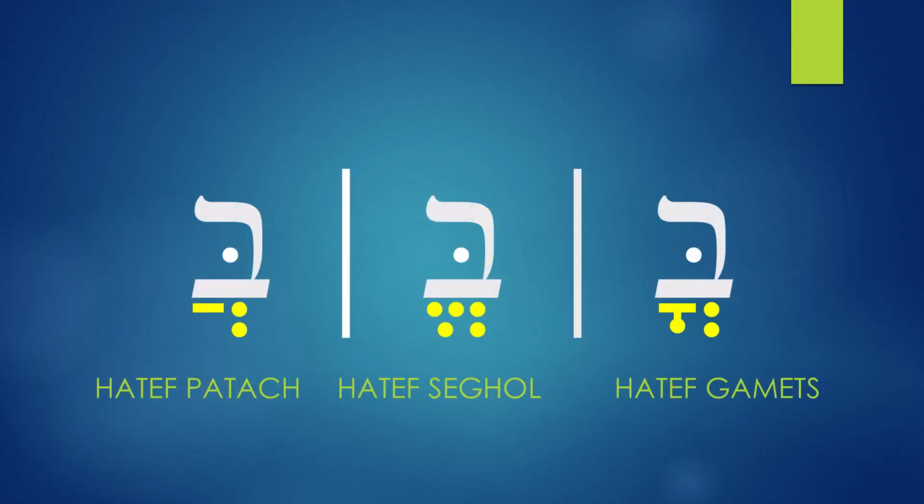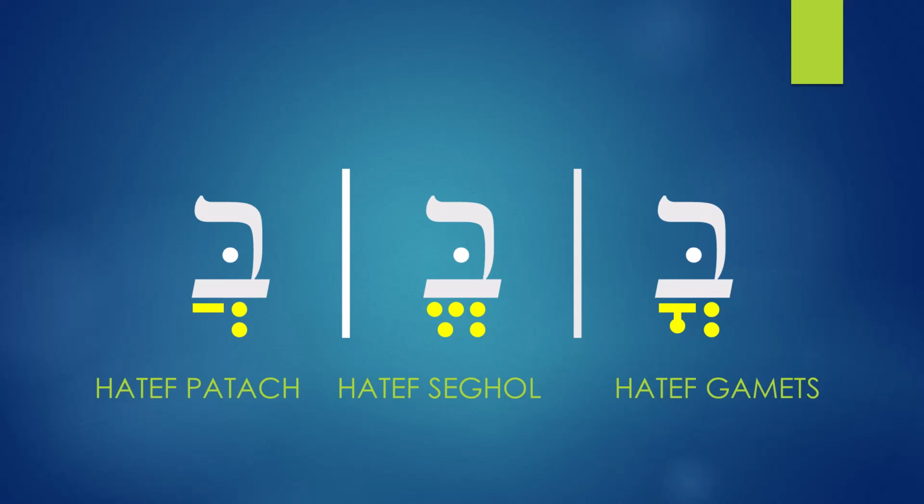And when we come to the compound vowels, there are three, as I said. We have the hatef kametz, hatef sego, hatef patach. How are they pronounced? Remember, the hatef kametz is pronounced with the short O sound, and it is found on the O-class vowels.